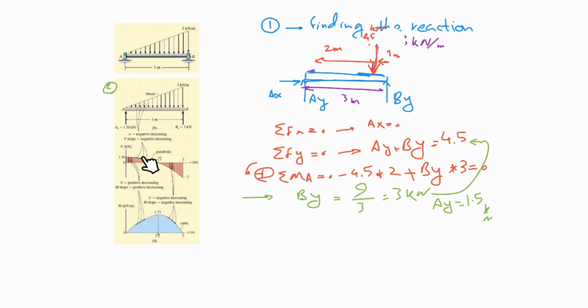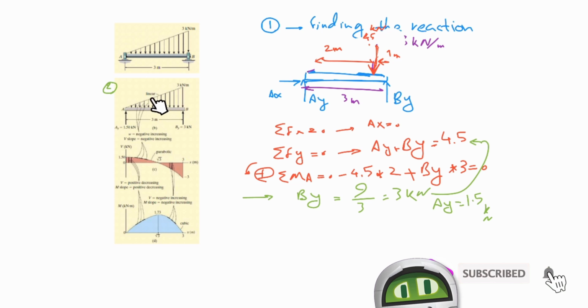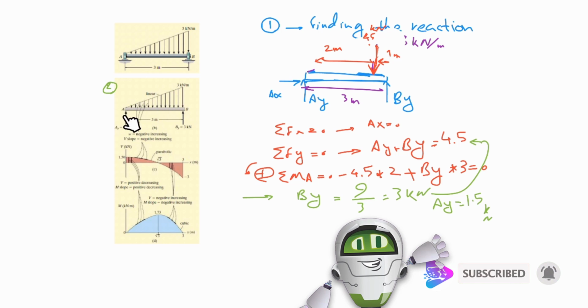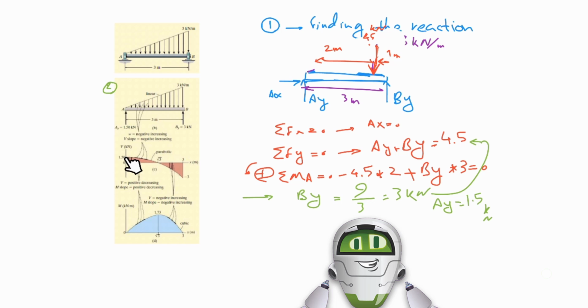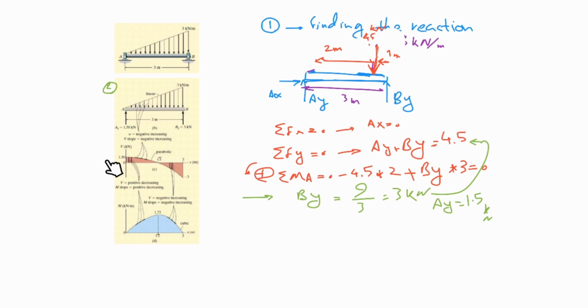Okay, then let's see what's happening here. I'm saying that this is a line and we are taking the integral of that. We know we have a jump because of this. We jump up 1.5, and then I have a line. Why is it going down? Because these are all negative things.